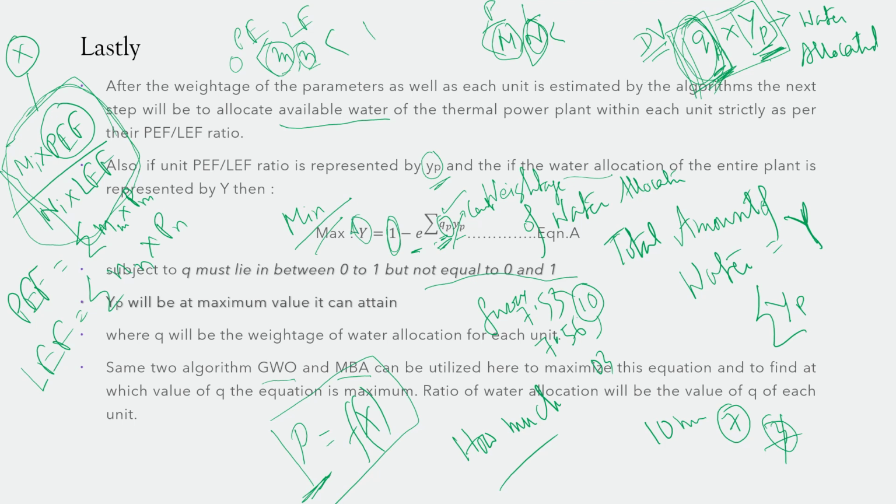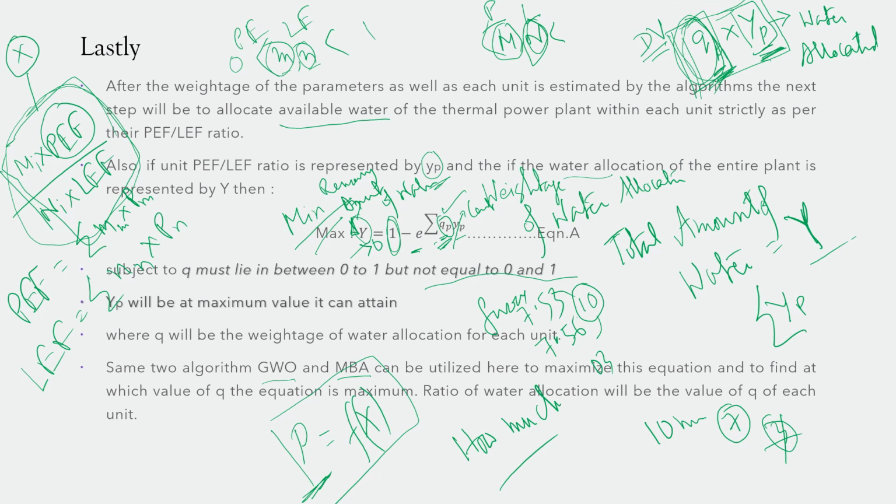So let us make it del y. Y is the total amount of water supplied. So let it be del y, the remaining amount of water. So this del y must lead to 0.